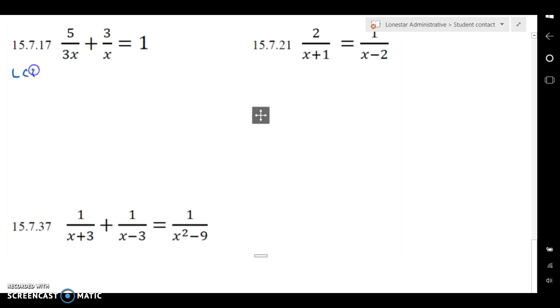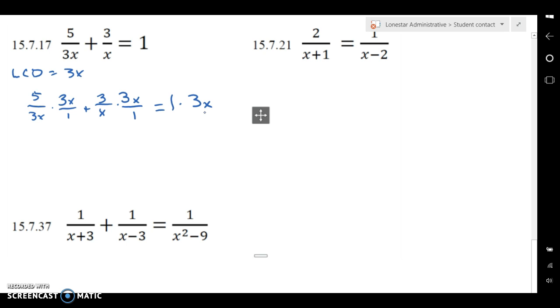Least common denominator equals 3x, and we rewrite 5 over 3x times 3x over 1. We have to multiply every term on both sides by 3x equals 1 times 3x. We don't have to write it as a fraction over there because we're multiplying by a whole number.